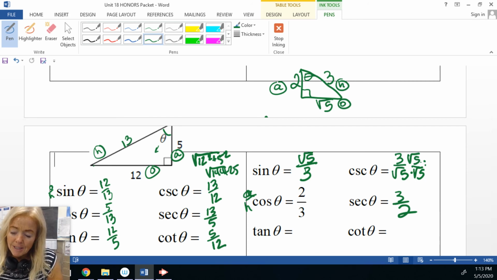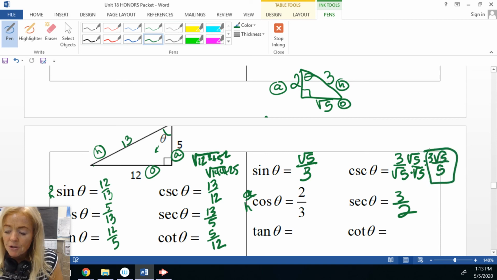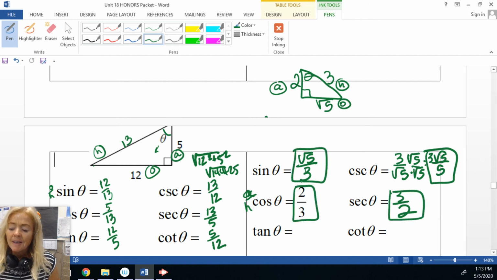I have a radical 5 in the denominator, so that makes 3 radical 5 over 5. Remember, to rationalize, you multiply by the radical itself. We learned that somewhere in first semester. So anyway, easy to come up with a sine, but then you have to reciprocate. And when you end up with a radical in the denominator, remember to rationalize.